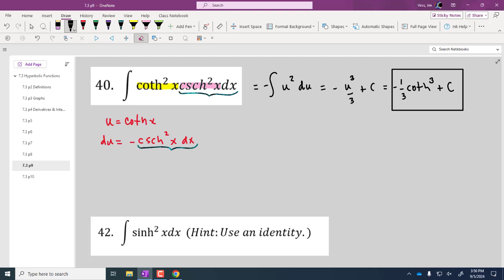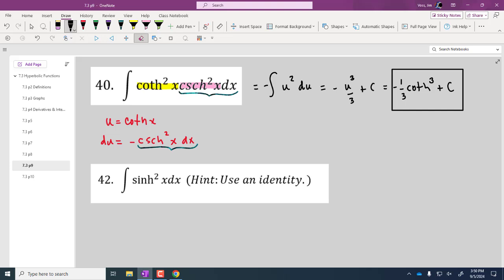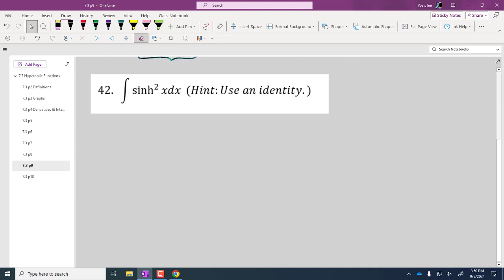This one you need an identity for. Let's remember the identity for sine squared, and again, I'll give this to you if you need it. If you were doing sine squared, it's 1 minus cosine of 2x over 2. So anytime you integrate sine squared, you have to reduce the power.